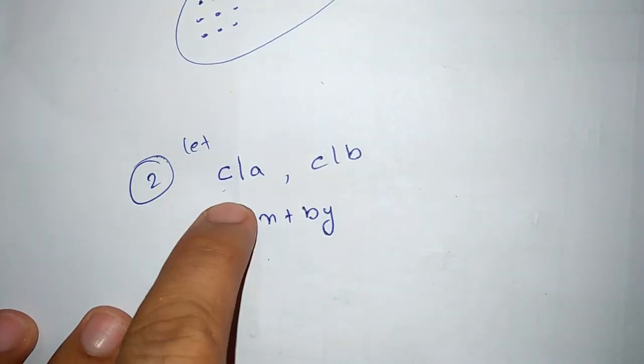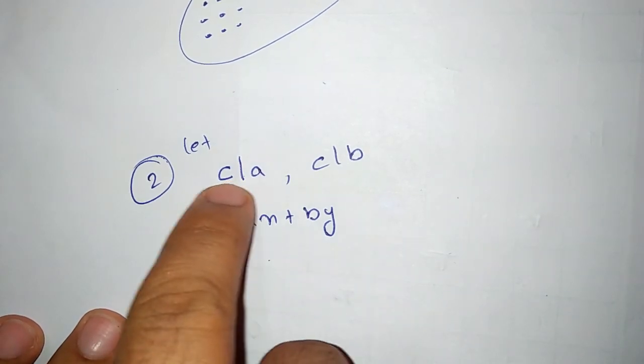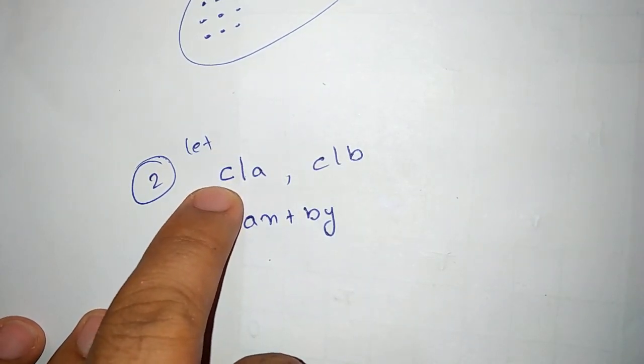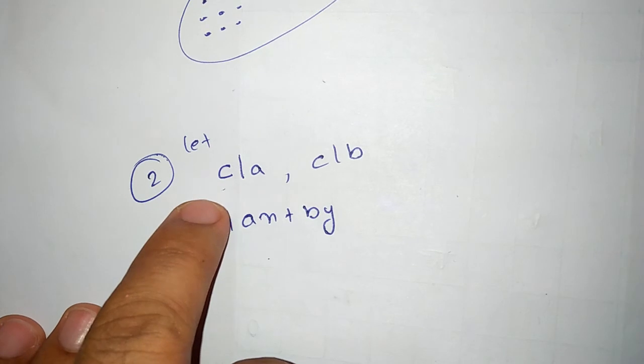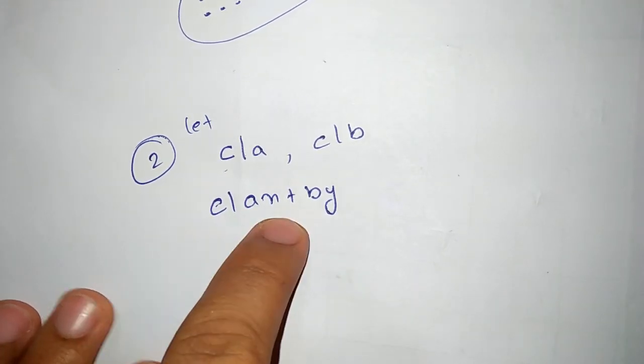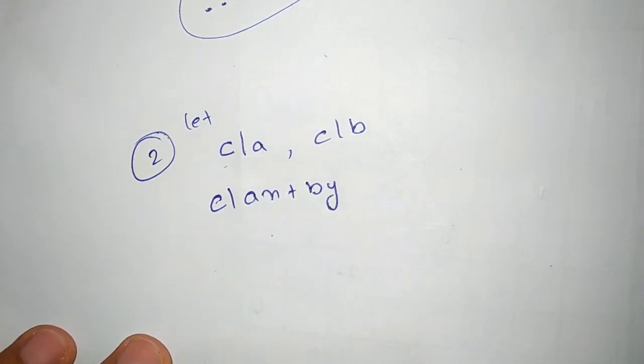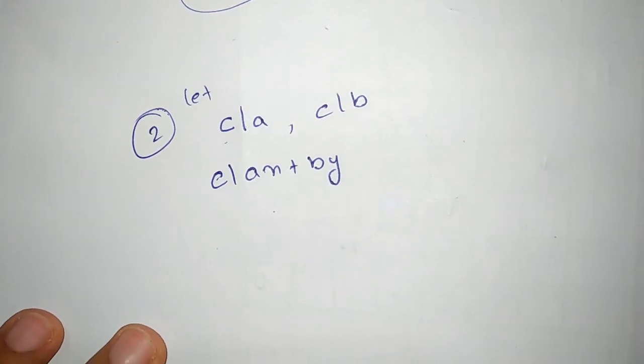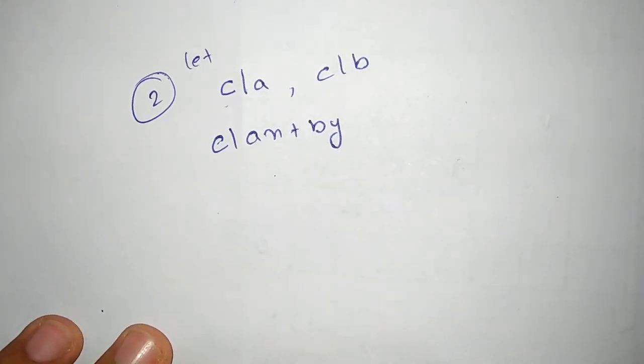So that is what I wrote here. Let us suppose there is another common divisor for A and B. Then we know that it is going to divide both A and B and all the linear combinations of A and B.